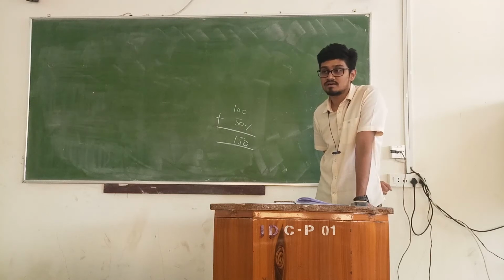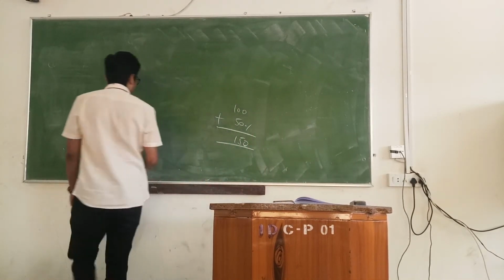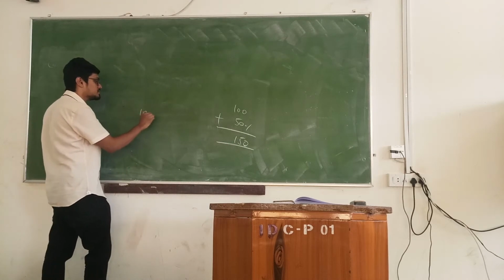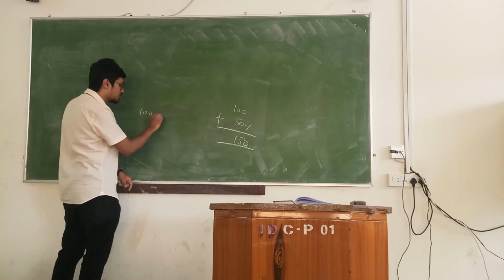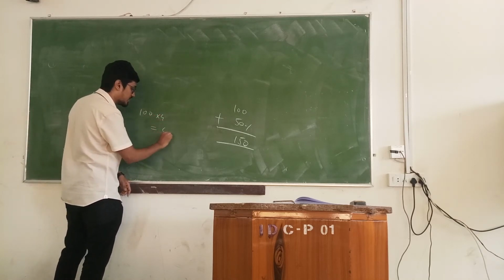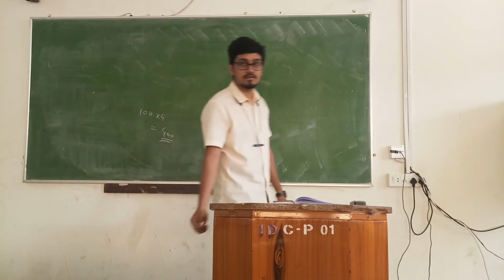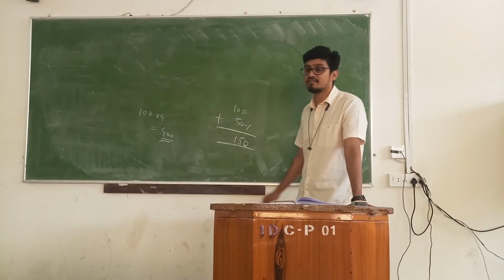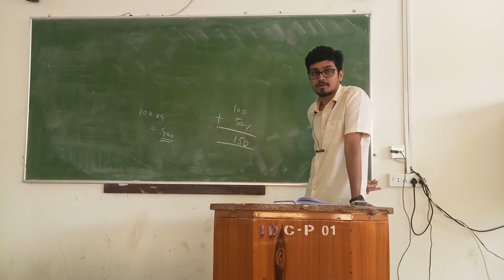Can someone tell me the answer? Prices of a commodity becomes 4 times, because 100 now became 4 times. Now it is 400. Correct. Good. Now the new index number is 400.